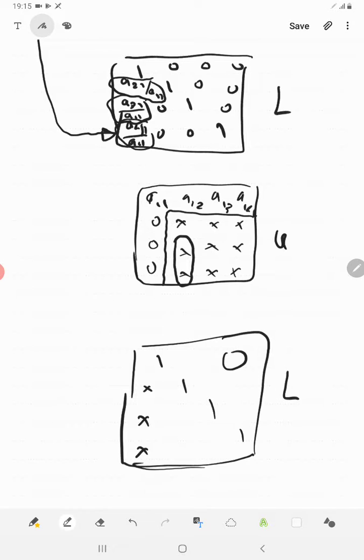Let's assume that here we have A22 bar, after the modification, and here we have A32 bar. So what we do, we multiply this element times A32 bar and we divide by A22 bar.